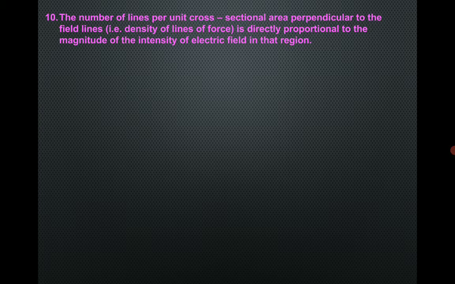As much low or weak electric field intensity, that much far, or we can say that much rarer electric field lines we will get. So delta n by delta A, number of electric field lines per unit area, is directly proportional to electric field intensity or electric field strength.